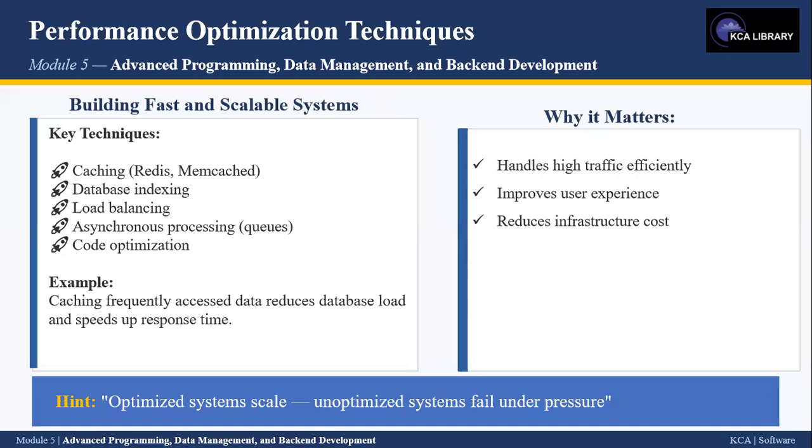Asynchronous processing with queues for background tasks. Code optimization, efficient algorithms, and clean logic. Example, caching frequently accessed data reduces database load and speeds up response time dramatically. Performance optimization improves user experience and reduces infrastructure costs.